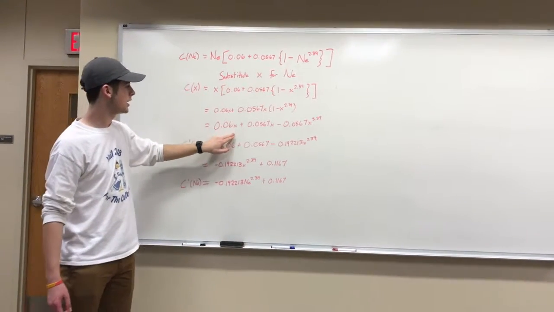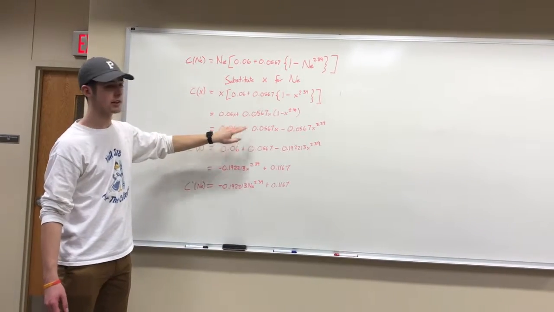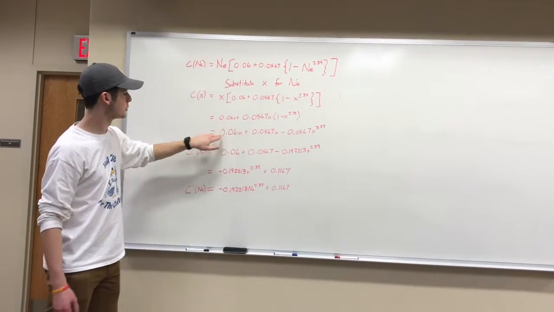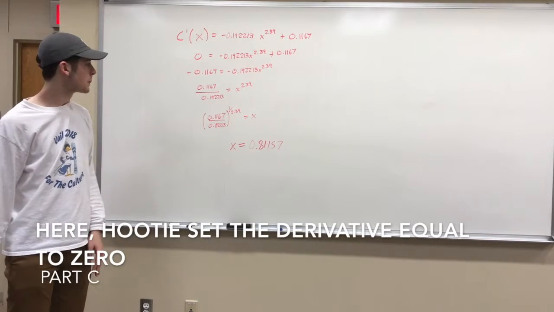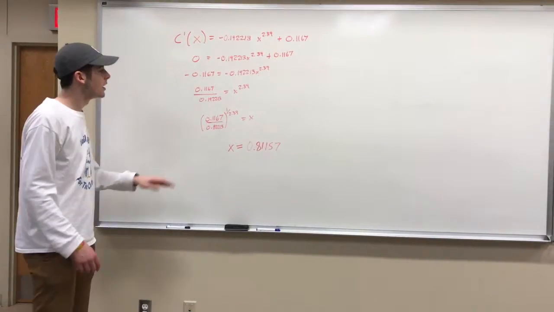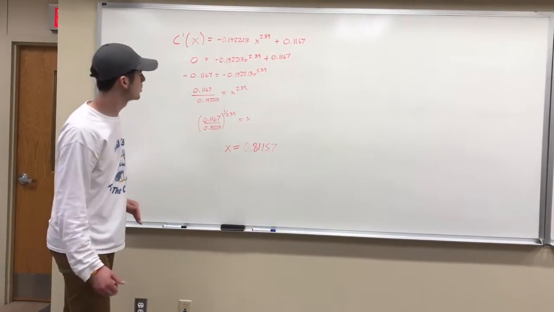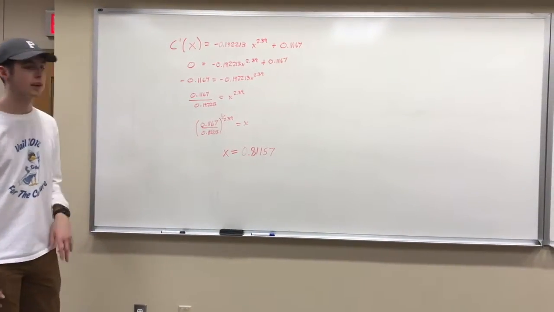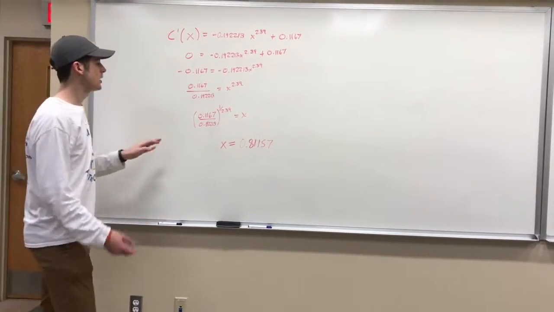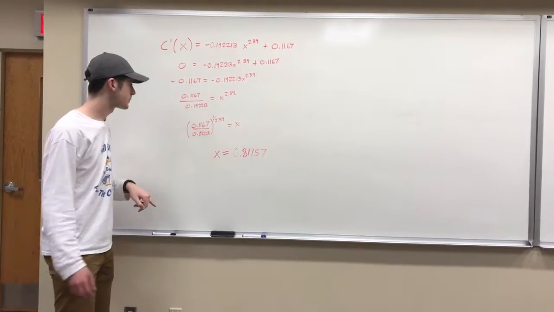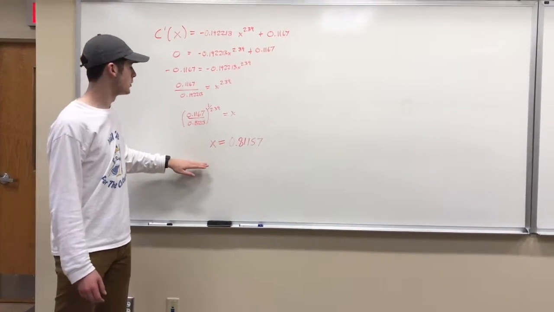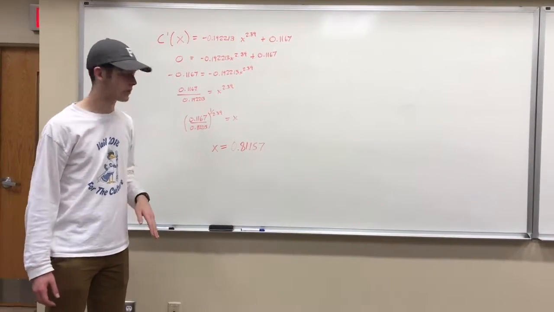So say for the product rule, this is x to the first. We bring down the 1, multiply it by the 0.06, stays at 0.06. And then I'm left with x to the 2.13. To take the root of it, we set that to a power of 1 over 2.39. And then we're just left with x, what we're trying to find.